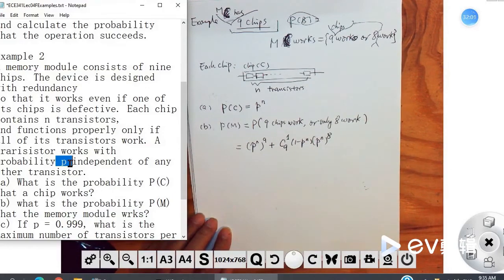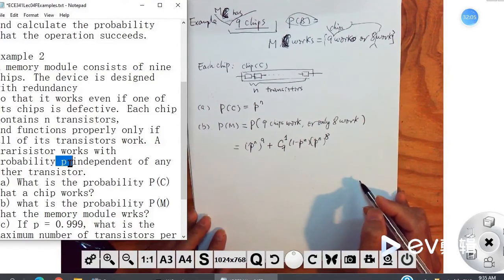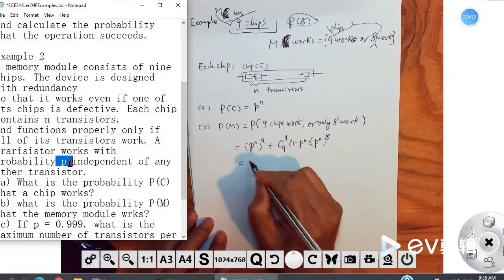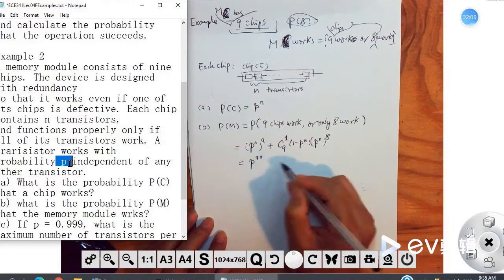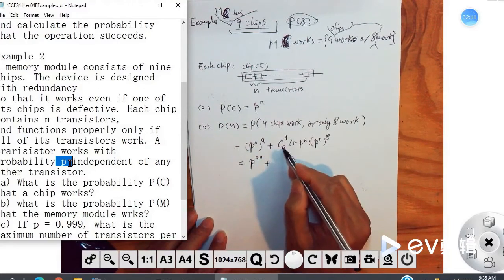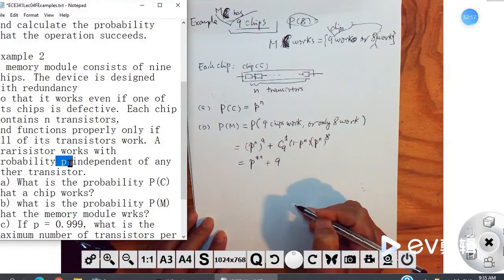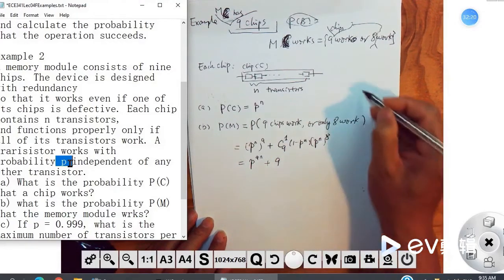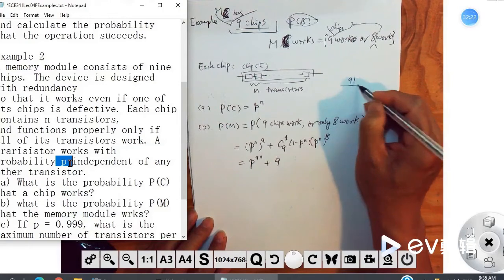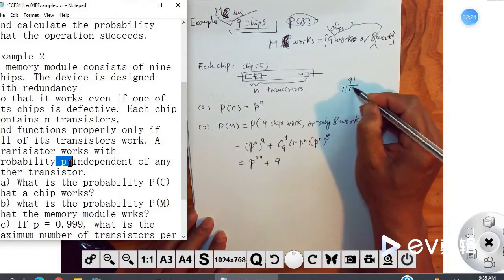And today, now I have this. Then this will be P to the 9n plus 9 choose 1, which is just 9, since it is 9 factorial over 1 factorial times 8 factorial.